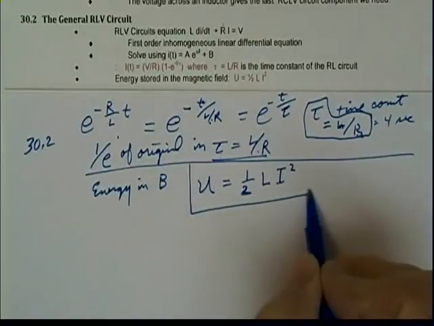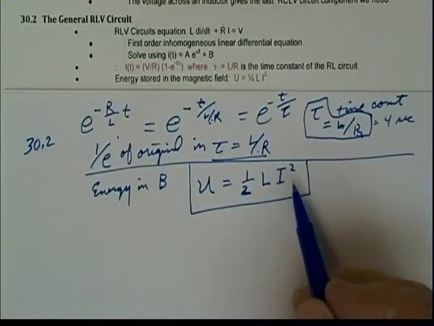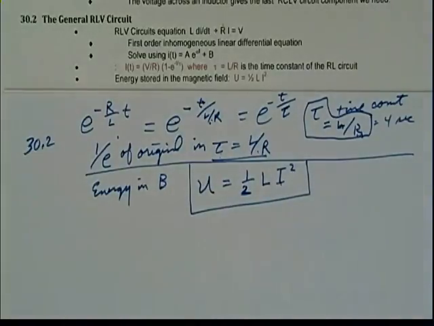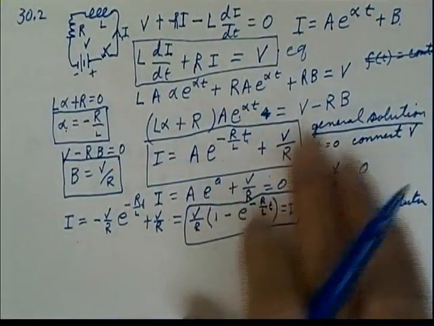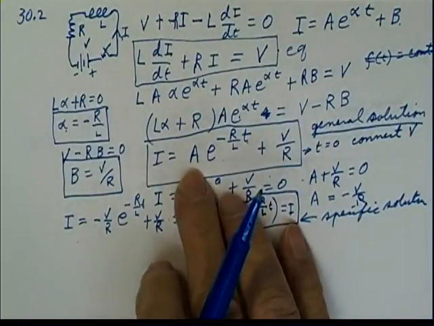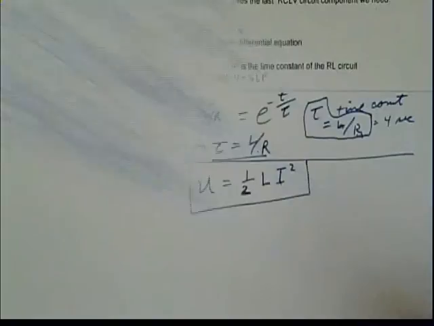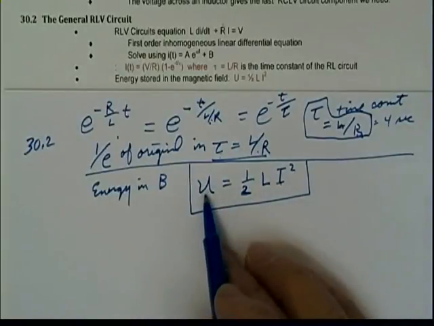It turns out that energy usually goes as the square of an amplitude or something like that. And in that last equation, you'll notice that the current was proportional to an amplitude A. Therefore, apart from this constant, we can say whatever the current is, its square gives us the energy. So that's what we have right here.